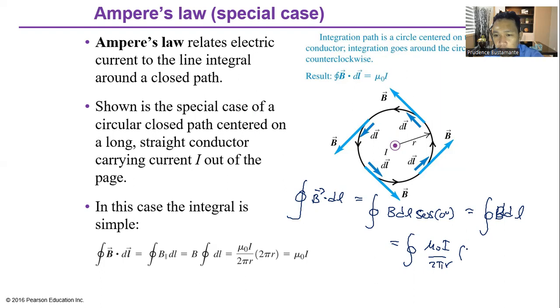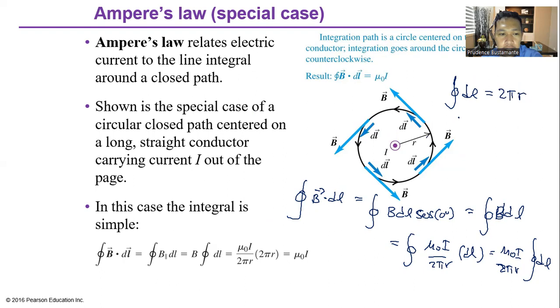So we have mu naught I over 2 pi r times the closed integral of dl, which is just the whole circle, 2 pi times the radius r.